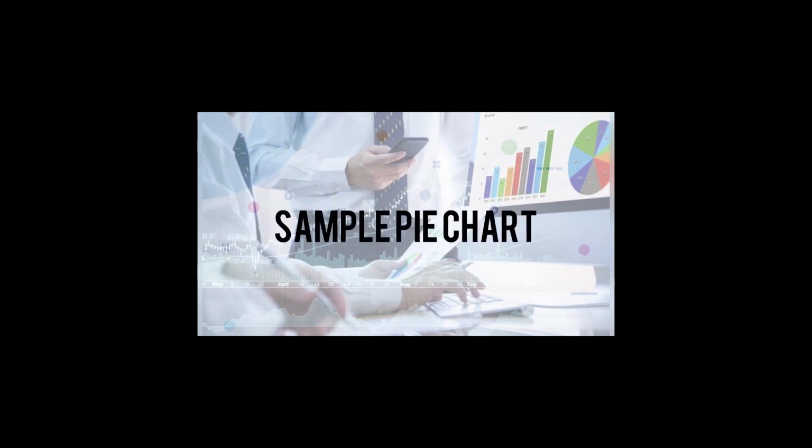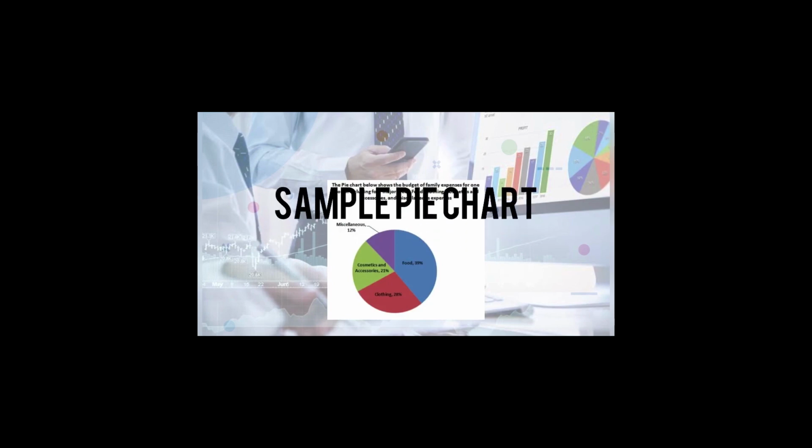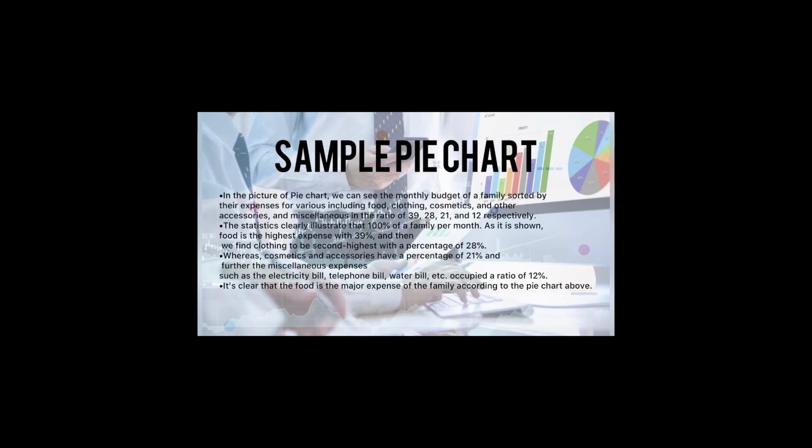So this is a sample pie chart with answer. You can see the picture. In the picture of a pie chart, we can see the monthly budget of a family sorted by their expenses for various items including food, clothing, cosmetics and accessories, and miscellaneous, in the ratio of 39, 28, 21, and 12 respectively. The statistics clearly illustrate that it is 100% of a family's budget per month.